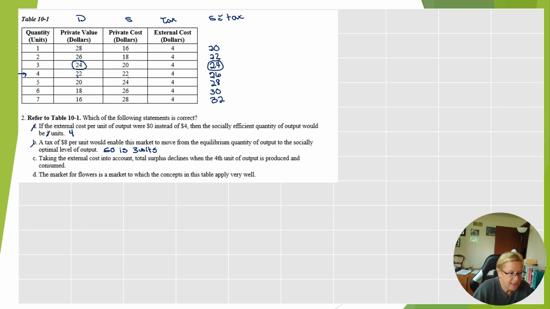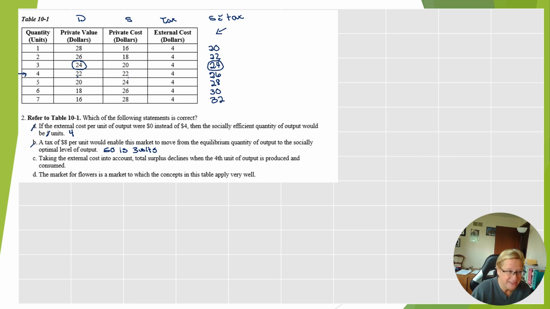Taking the external cost into account, which we did here when we made this column, total surplus declines when the 4th unit of output is produced and consumed. So let's take a look at this. Once we're at the 3rd unit, we can see that 24 and 24 matches, 26 is greater than 22, 28 is greater than 20.